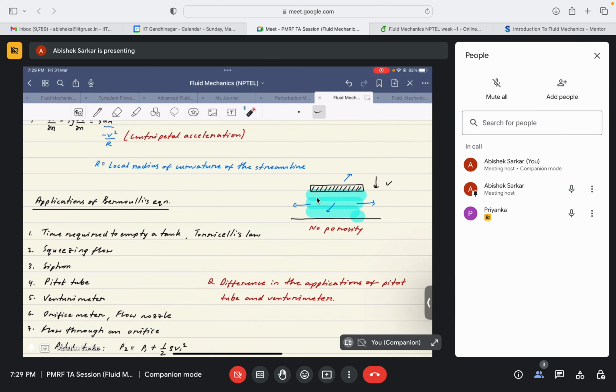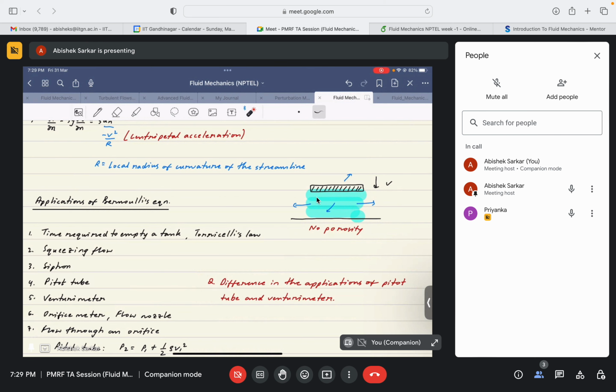Then what is the use of the pitot tube? The pitot tube, we use it to measure the stagnation and static pressure. I'm not sure about it, sir, but from whatever we obtain from the formulas, I think so. Yeah, you are absolutely correct.